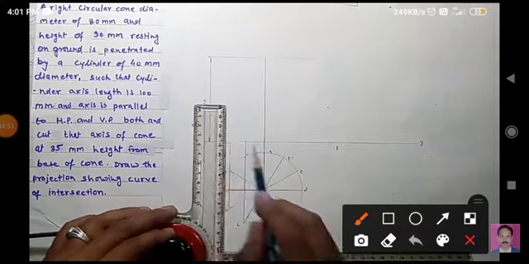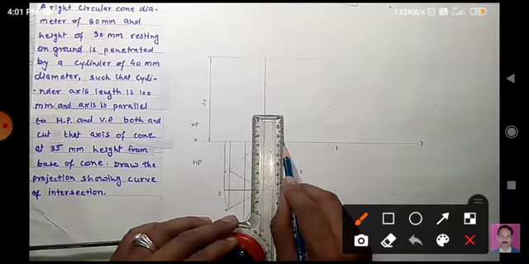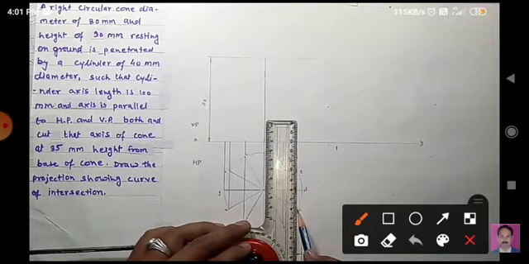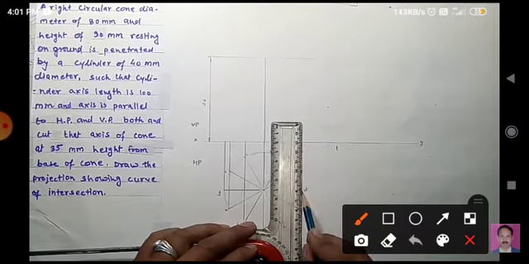Let's take all the projections. We have drawn the height. We have to draw the cone now. Take all the projections on the axis.